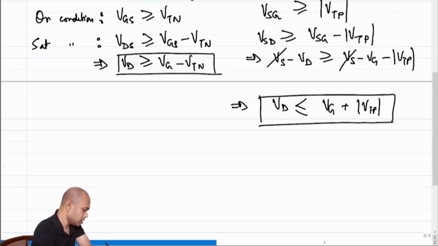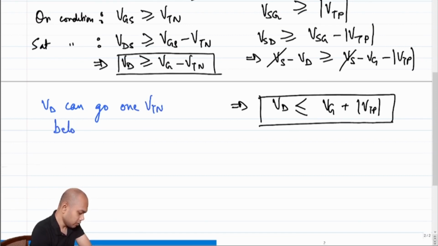In plain English, the saturation region condition for an NMOS is that Vd can go one threshold voltage below the gate, right?